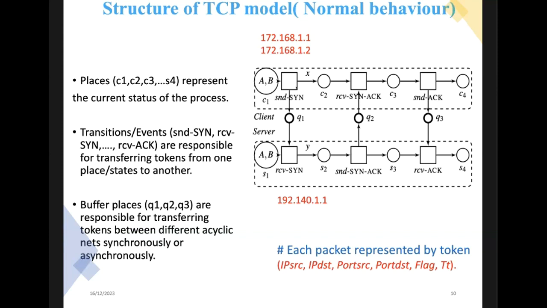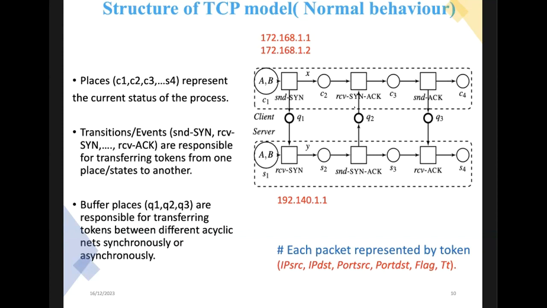The places here, C1, C2 until S4, shown by circles, show the current states of the process, for example SYN, ACK, or acknowledgement, while transitions represented by squares are responsible for transferring tokens from one place to another.